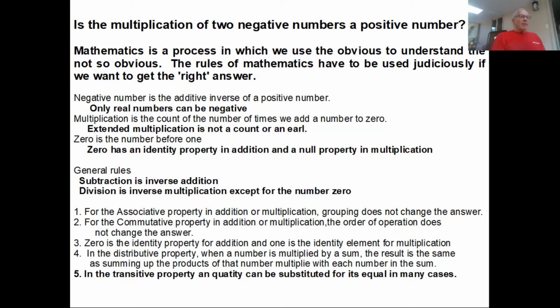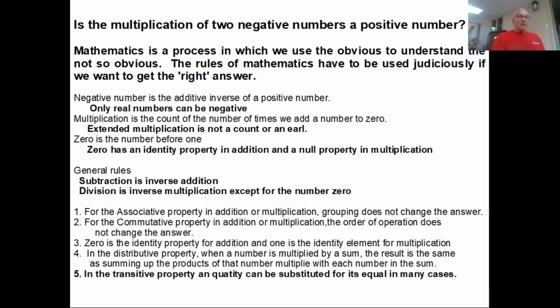There are 5 properties in mathematics, 4 of which are conventionally taught. The other one is somewhat assumed. The first is the associative property, which says no matter how we group our numbers, we get the same answer. The commutative property says we can change the order and still get the same answer. 0 is the identity element for addition, and 1 is the identity element for multiplication.